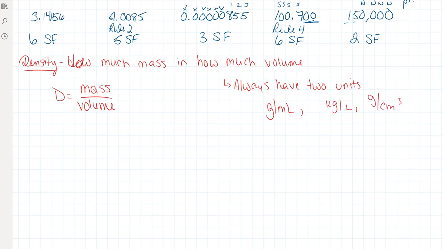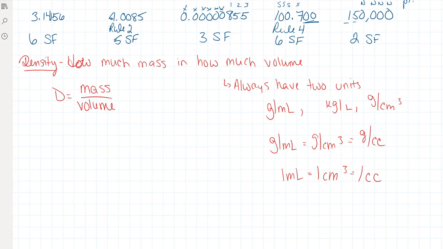You also might see grams per cc, but grams per mil is the same thing as grams per cubic centimeter is the same thing as grams per cc, because 1 milliliter is the same thing as a cubic centimeter, and cubic centimeter is abbreviated as cc. So it all ends up being the same. But you'll always notice you have some kind of mass unit in the numerator and some kind of volume unit in the denominator.